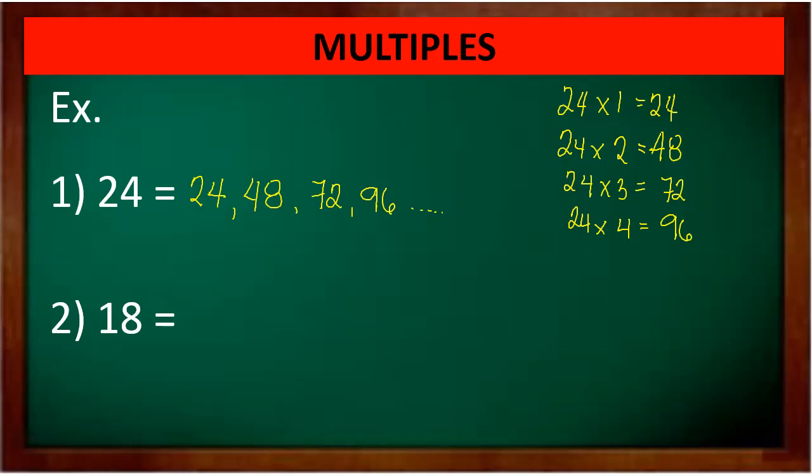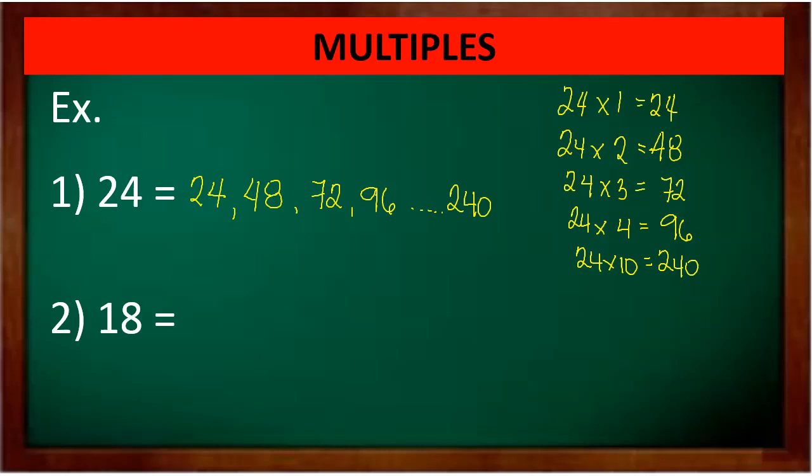So you multiply 24 by 6, by 7, or we can multiply 24 by 10. That will give you 240. So 240 is also a multiple of 24 because when you divide 240 by 24, that will give you an answer of 10, and that is an integer, walang remainder. Okay, whole number siya. So these are the multiples of 24.